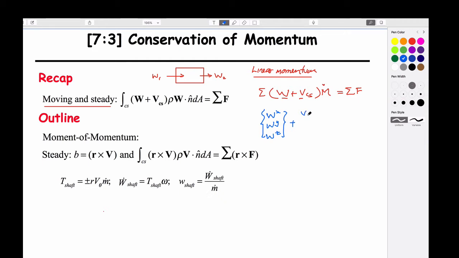The velocity of the control surface in the x direction, y direction, and z direction, multiplied through by the mass flow rates.